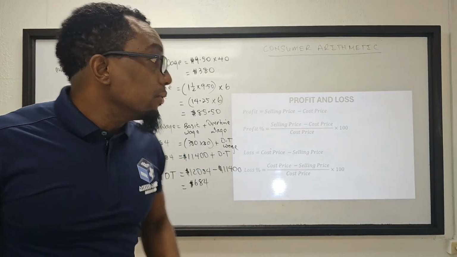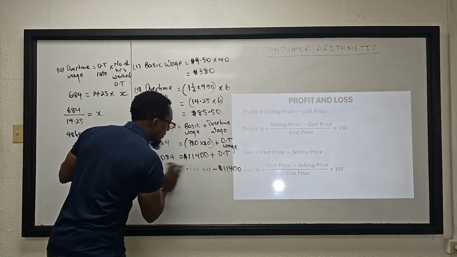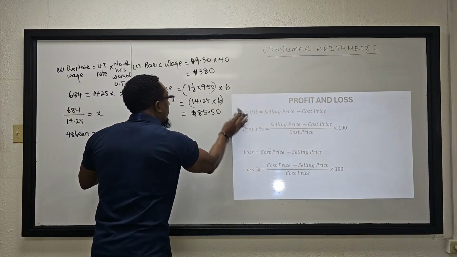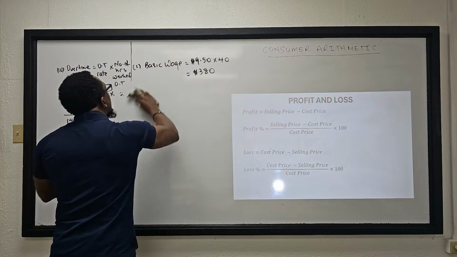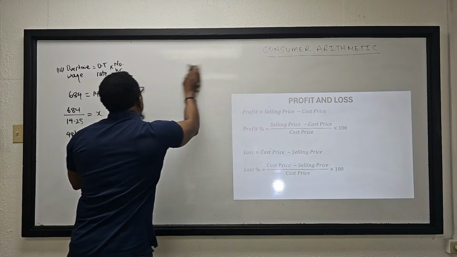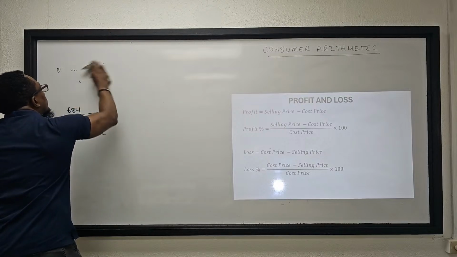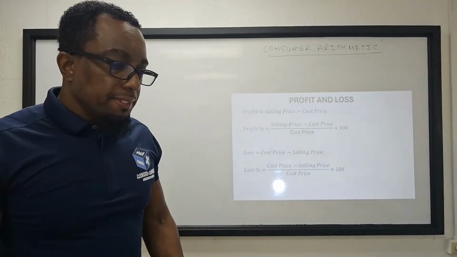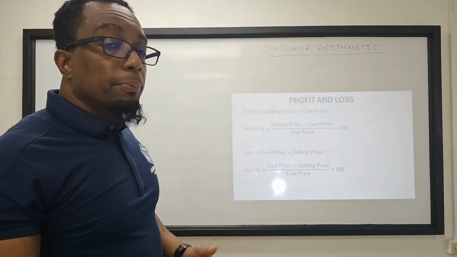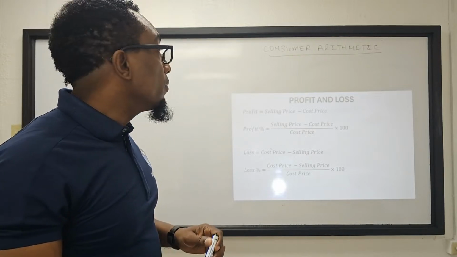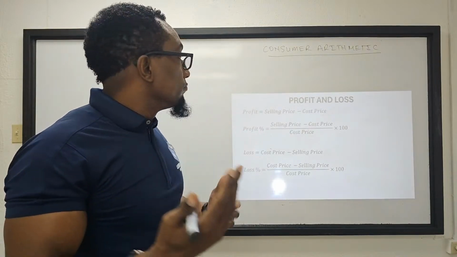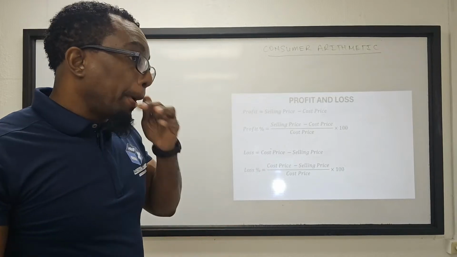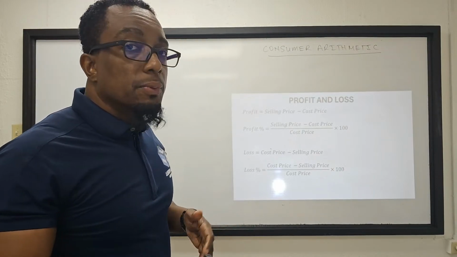Okay, let's look at profit and loss. With profit and loss, of course, we need to understand what is profit. Profit is your selling price, subtract your cost price. The cost price is what you purchase the item for initially, and selling price is what you will sell that item for.